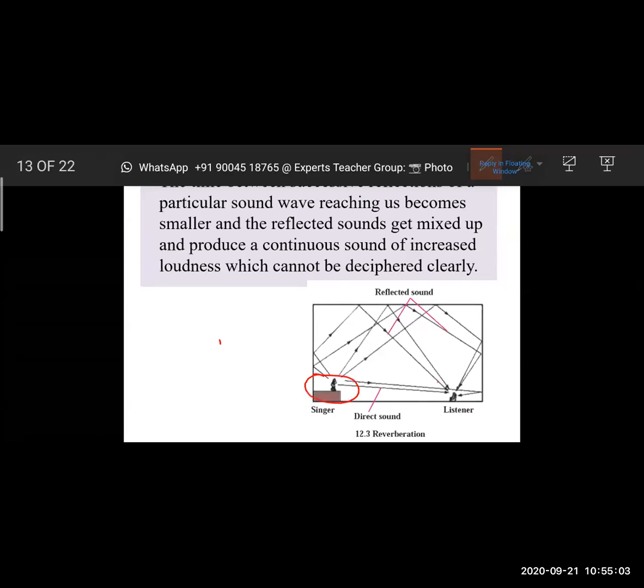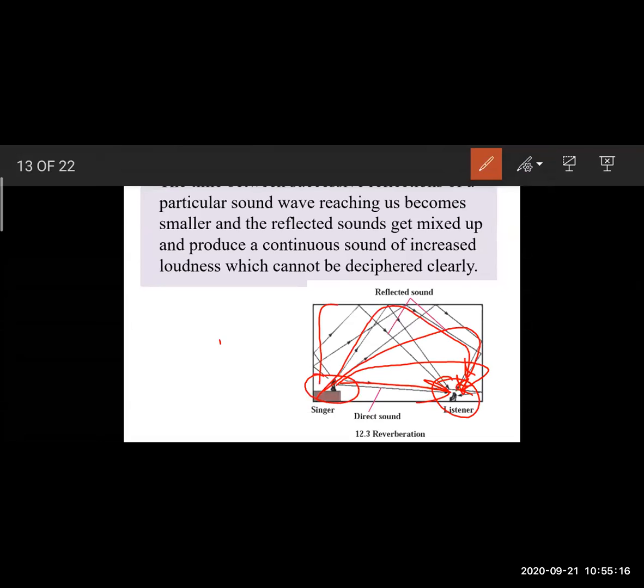Singer to listener, direct listening is there, but with this there is indirect listening also, and the voice is coming back to that listener multiple times.